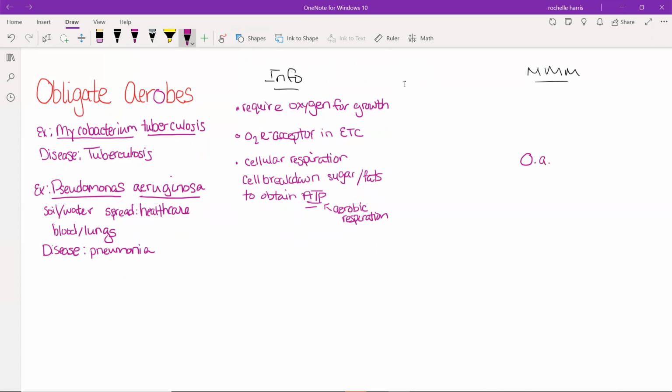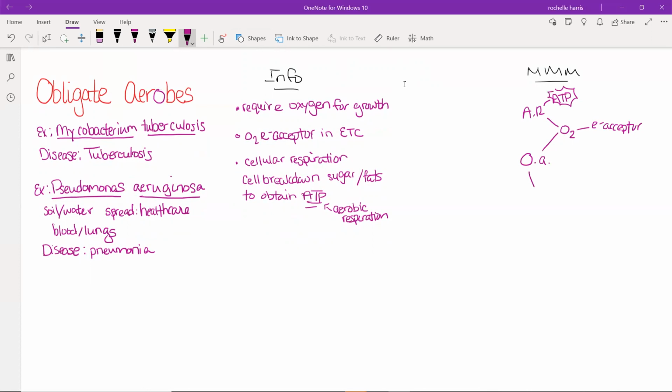Then we know that oxygen is involved, and that it is an electron acceptor. And that we can get ATP from it through aerobic respiration, and you get tons of ATP.